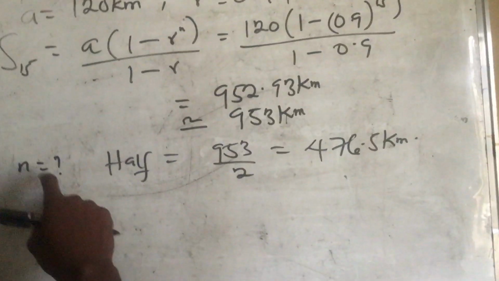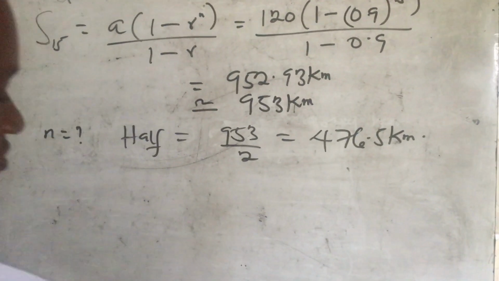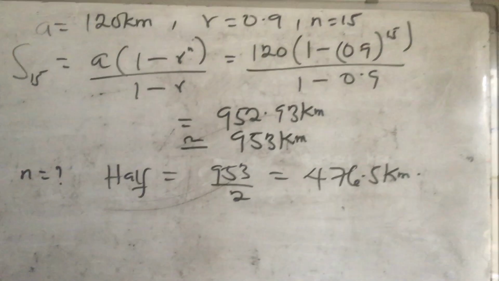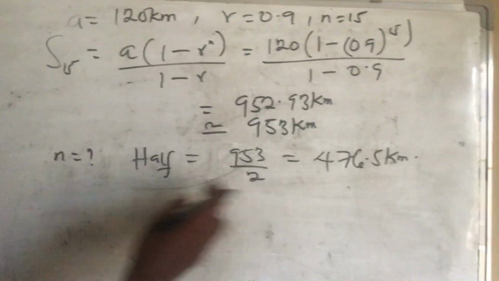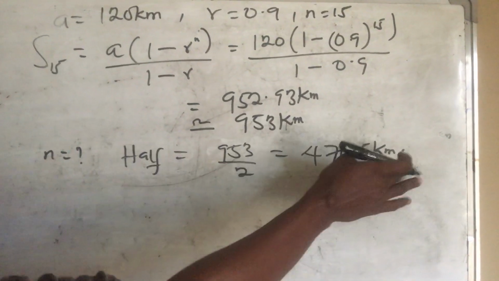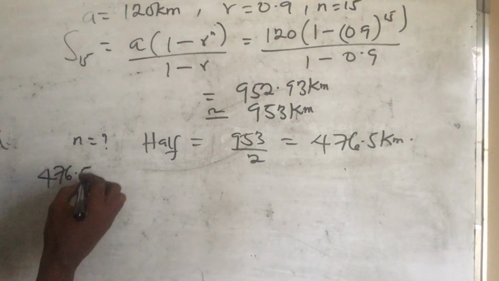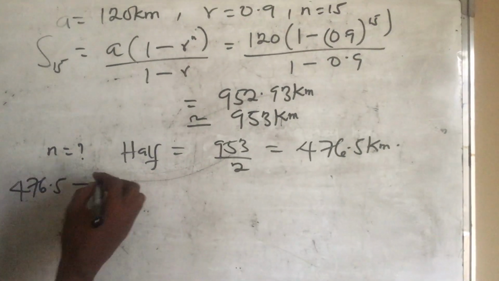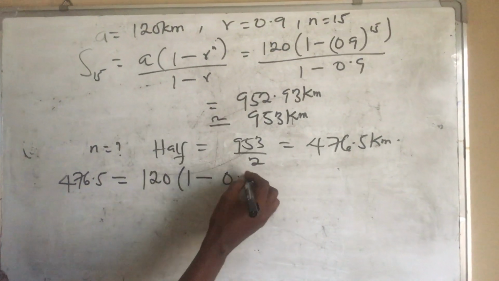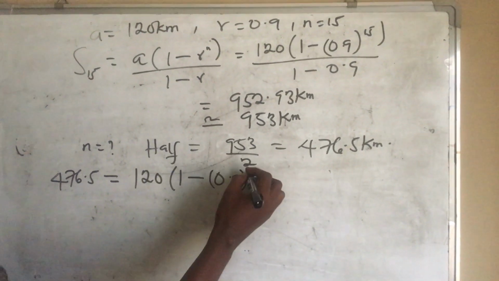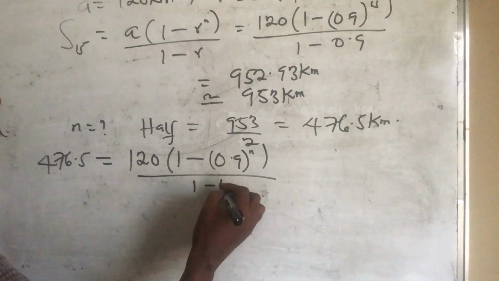Now, to find how many days we have this distance, we are still using our sum, and don't worry, our A is still the same and our R is still the same. So that means Sn for half of this is 476.5 equals A, 120, into bracket 1 minus R, 0.9 raised to power n, everything divided by 1 minus 0.9.